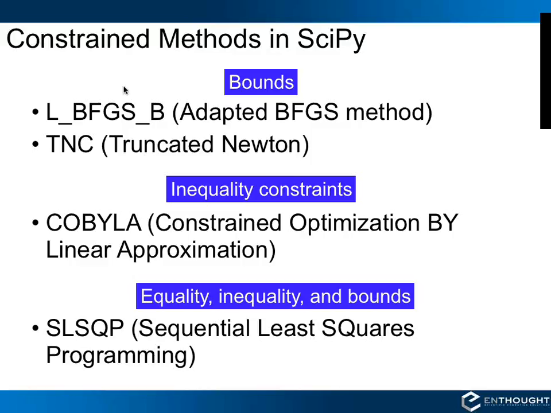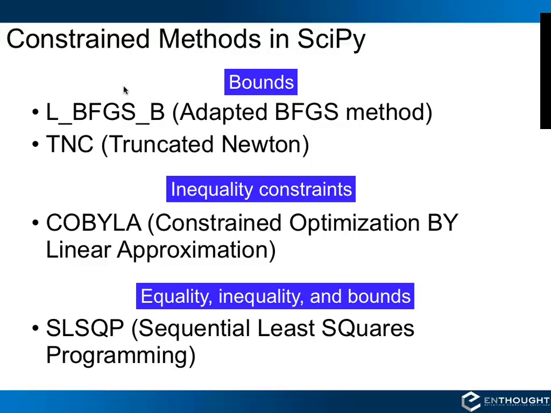There are basically 4 algorithms we're going to talk about: an adapted BFGS method, a truncated Newton code, a constrained optimization by linear approximation code, COBYLA, and then sequential least squares programming, which is a new addition to SciPy. It actually turns out to be the only function that solves the complete constrained optimization problem that's currently in SciPy. The other methods only solve subsets of the problem.